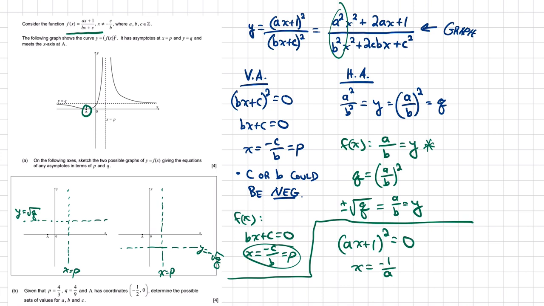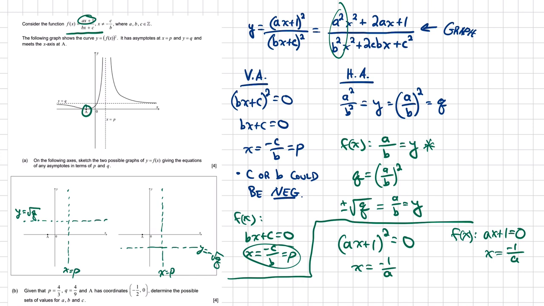However, if I take a look at f of x and I set my numerator, ax + 1, equal to 0, we get the same expression for x, which tells me that f of x and f of x squared are going to intercept the x-axis at the same x value.